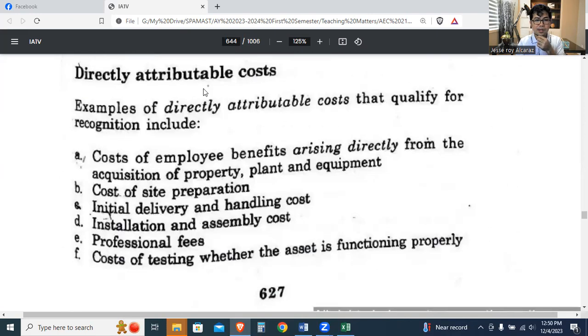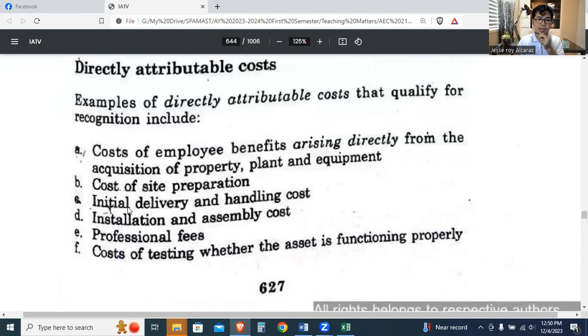So ano siya, no? Directly attributable cost, cost of employee benefits arising directly from the acquisition, cost of site preparation, delivery, installation, professional fees. So these are the attributable cost nga ginapatong nato sa ato ang purchase price and custom duties. Naman, what's the rationale behind?